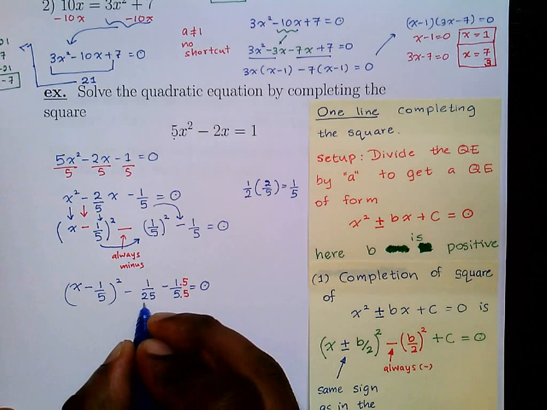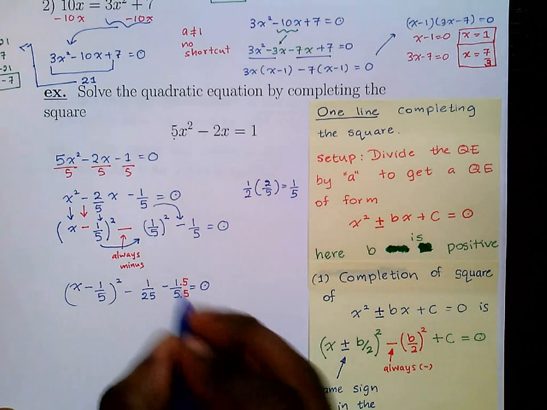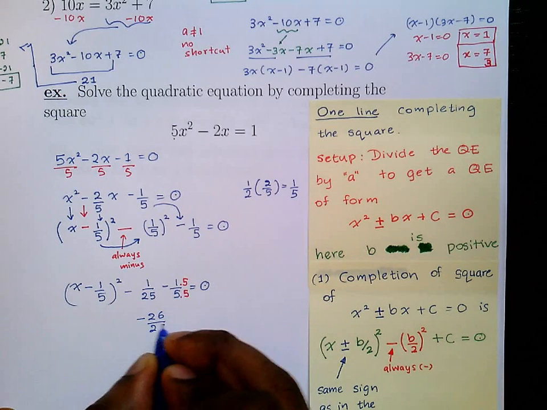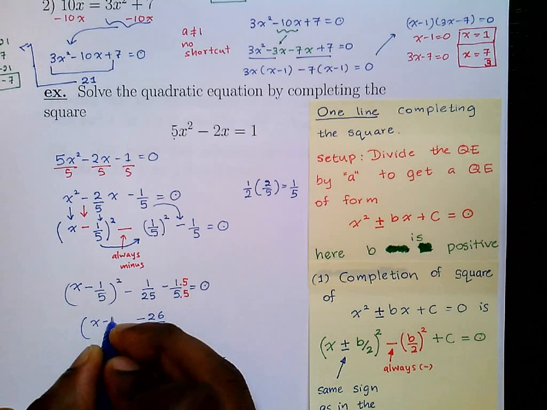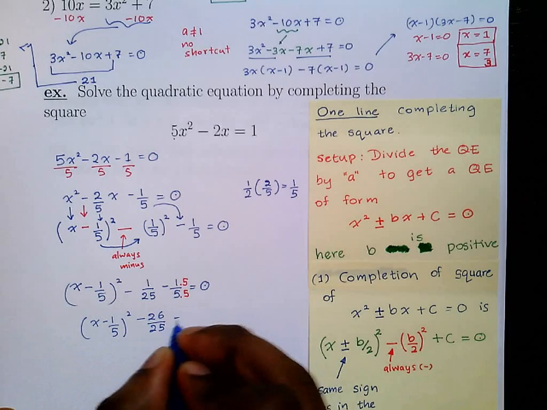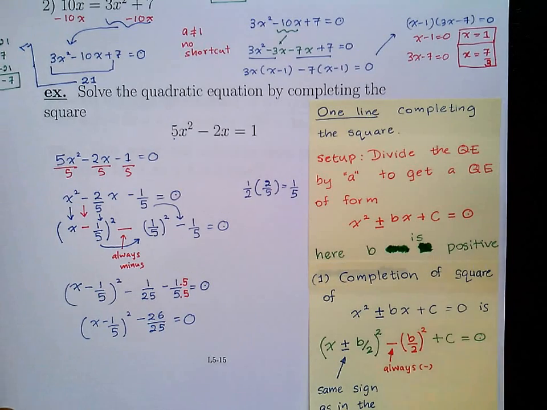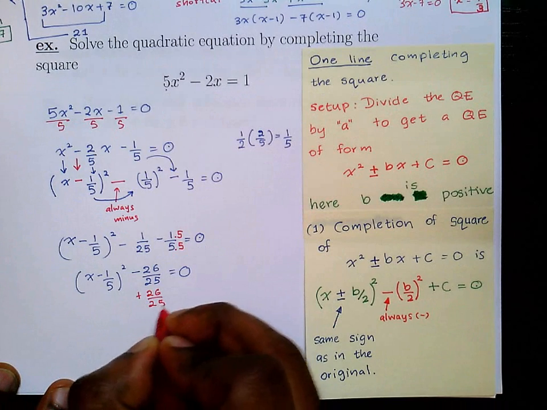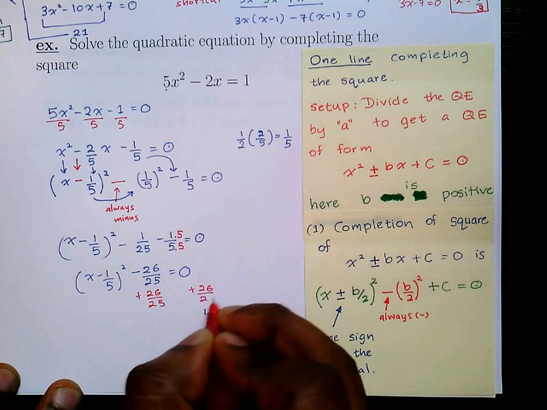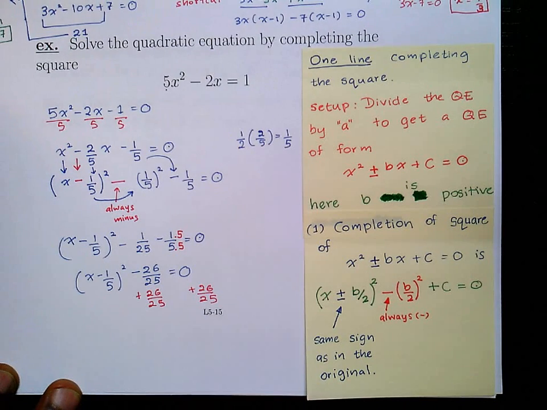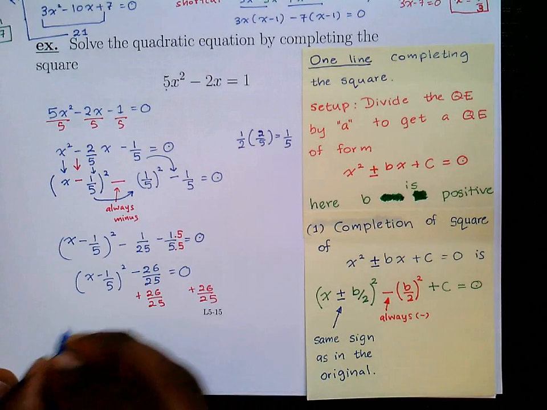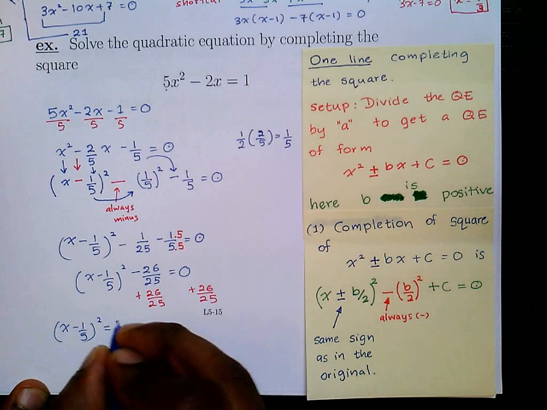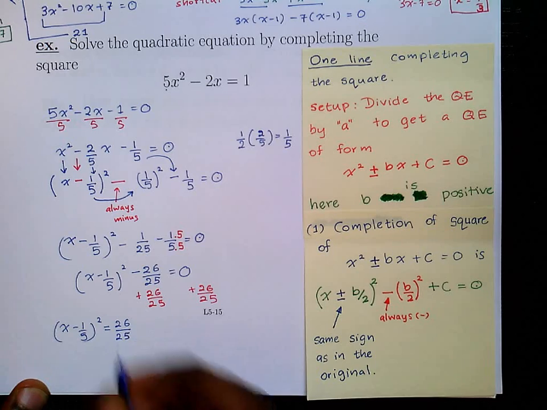So now we have negative 1 over 25 minus 5 over 25, that would be negative 6 over 25. Now you can send it to the other side. So you get x minus 1/5 squared is equal to 26 over 25.